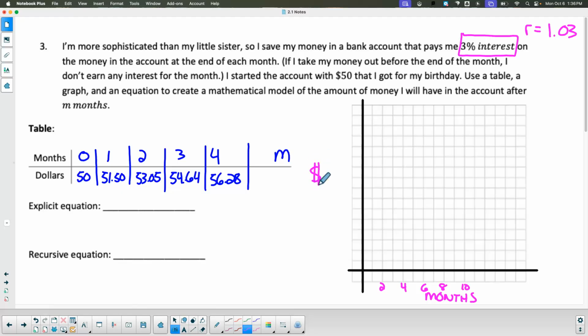Dollar bills, y'all. What do we want to go by as our scale? Probably 5s, right? I think that would be the best choice. So 5, 10, 15, 20, 25, 30, 35, 40, 45, 50, 60, 70, 80.